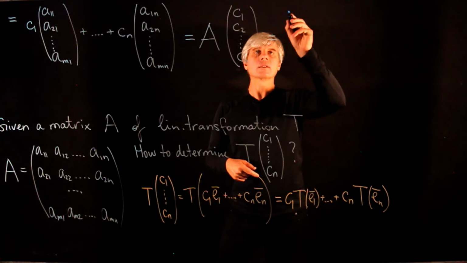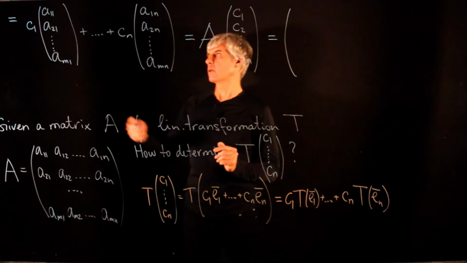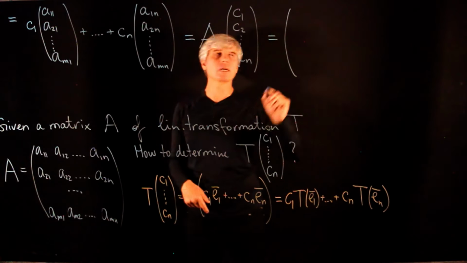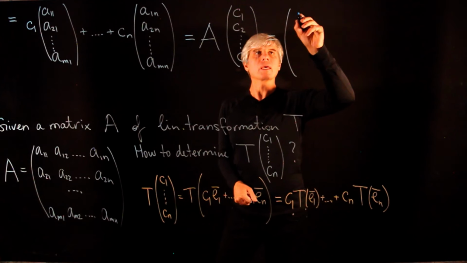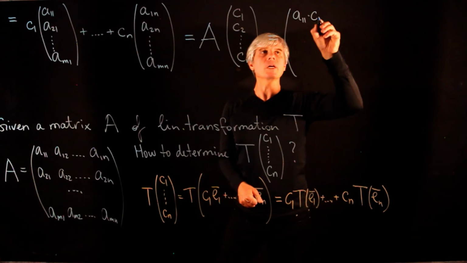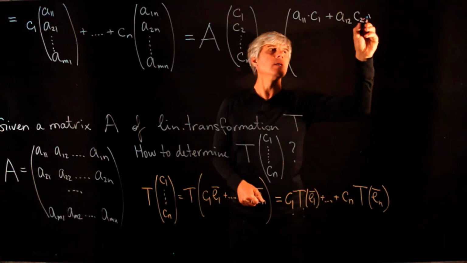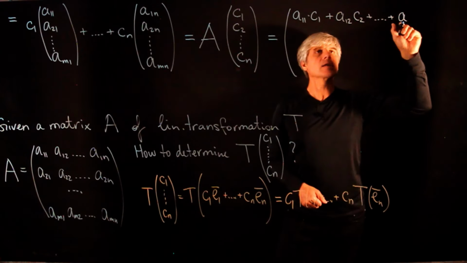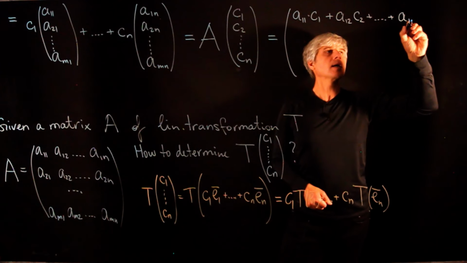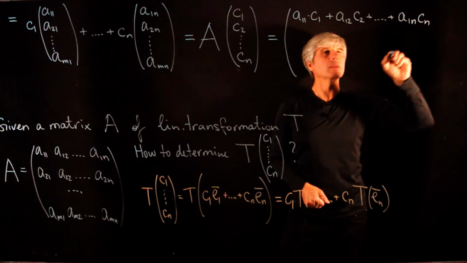The first component is A11 times C1 plus A12 times C2 plus A1n times Cn.